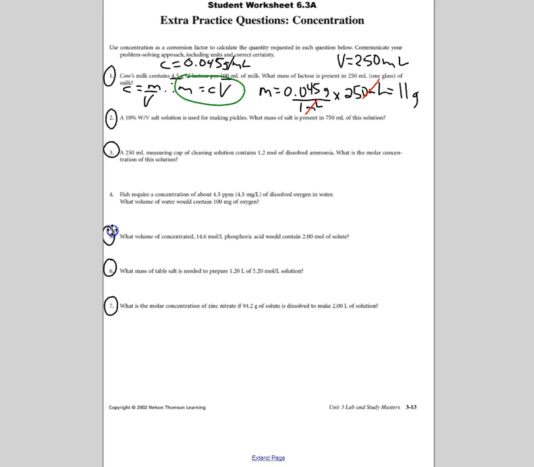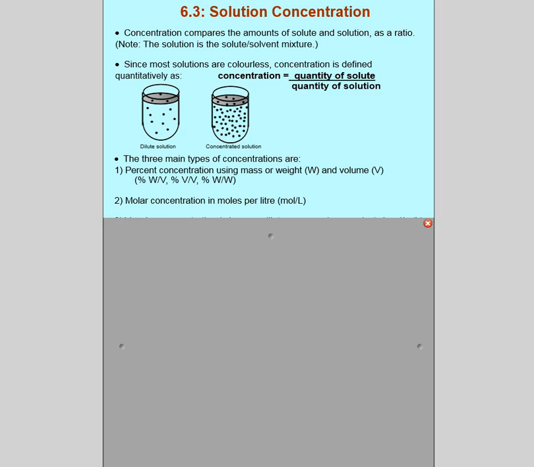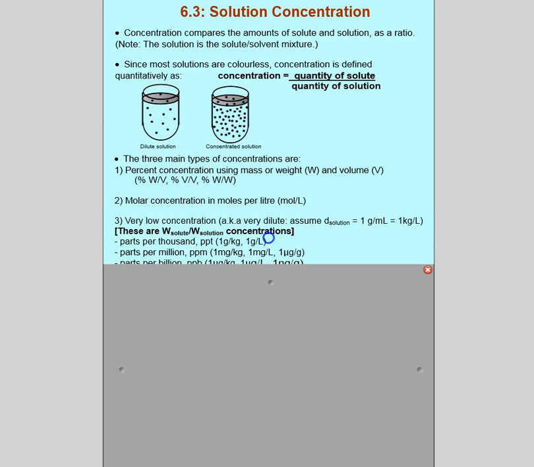So very, very low concentrations will be the 3rd type of concentration, which are all on the very dilute end of the spectrum.